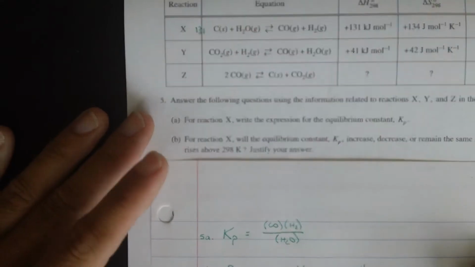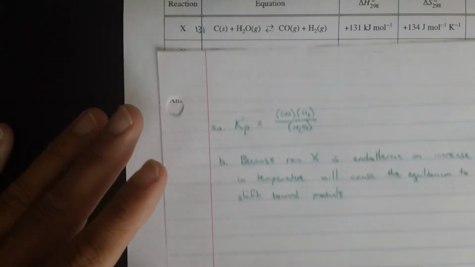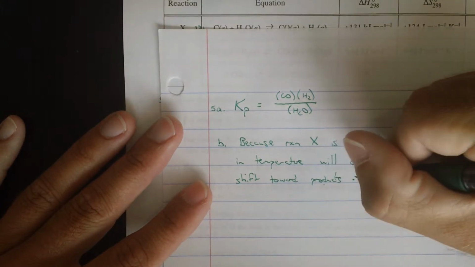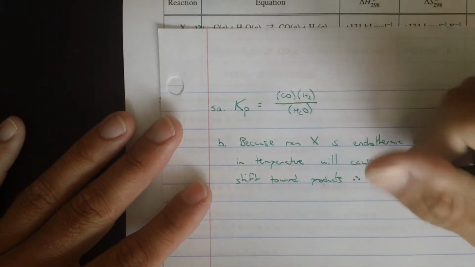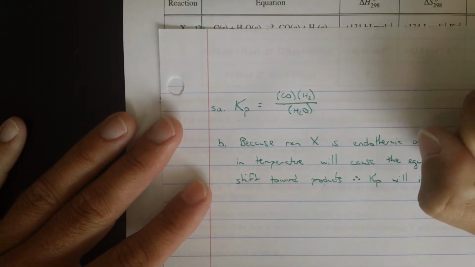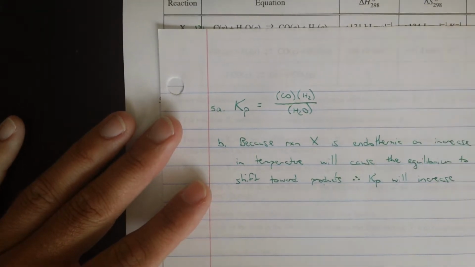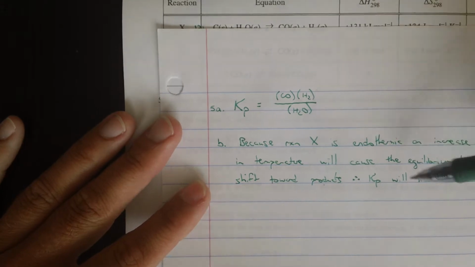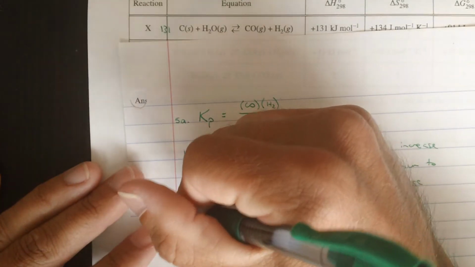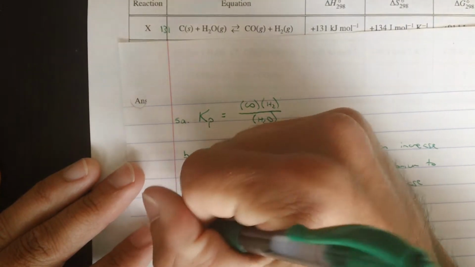And then answer the question. It says, will Kp increase or decrease? Therefore, Kp will increase. We'll have a greater number of products over reactants, so Kp should increase as a result. That's part B. You gotta talk about it's endothermic, and so adding temperature causes it to shift.